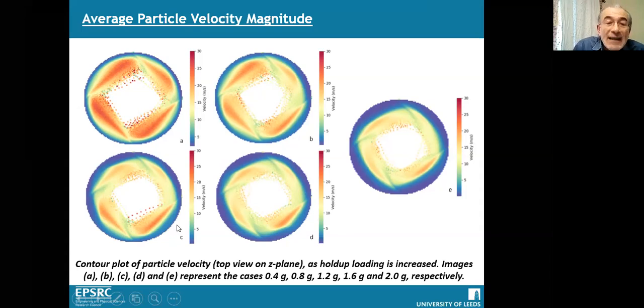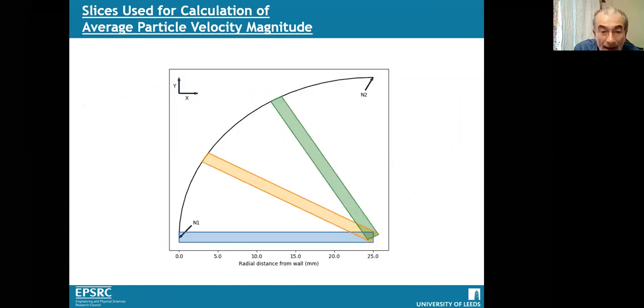Bear in mind that the system is not exactly symmetrical, because we have a feed nozzle which is feeding fluid at 3.2 bar G into the system somewhere around here. But overall, that is the contour plot of particle velocity on a Z-plane as a function of holdup, showing significant reduction in velocity as the holdup is increased.